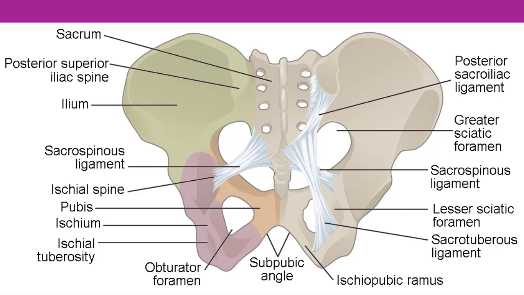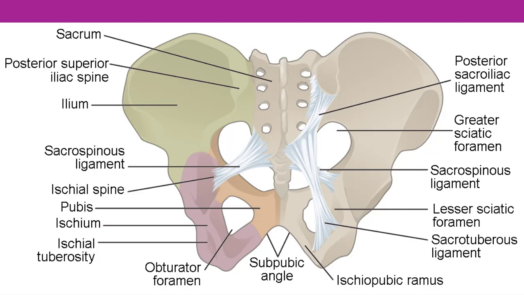Also spanning the sacrum and hip bone are two additional ligaments. The sacrospinous ligament runs from the sacrum to the ischial spine, and the sacrotuberous ligament runs from the sacrum to the ischial tuberosity, and these ligaments help to support and immobilize the sacrum as it carries the weight of the body.